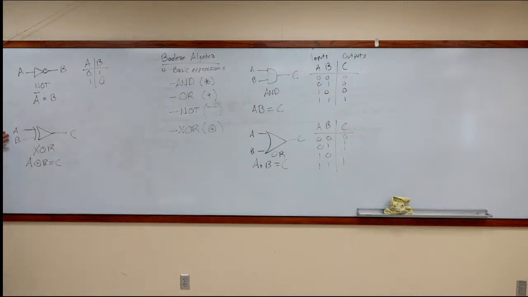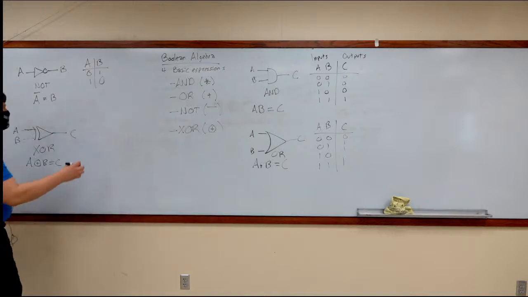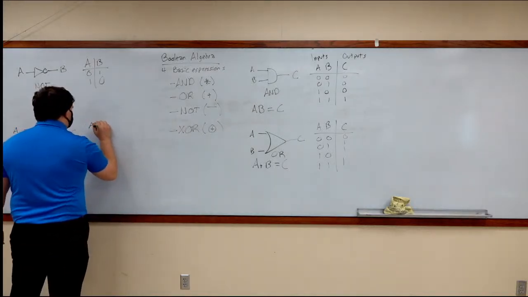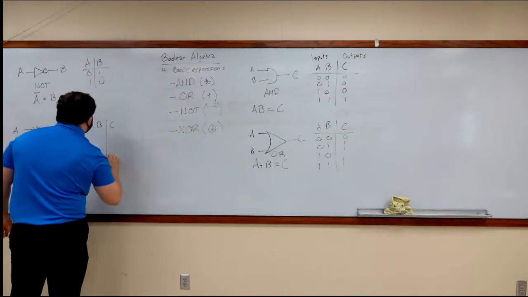Now the idea here is, this is an OR gate, which is why it's drawn like an OR gate, except there is a difference. It is exclusive in the fact that if A or B, but only A or B, then C.